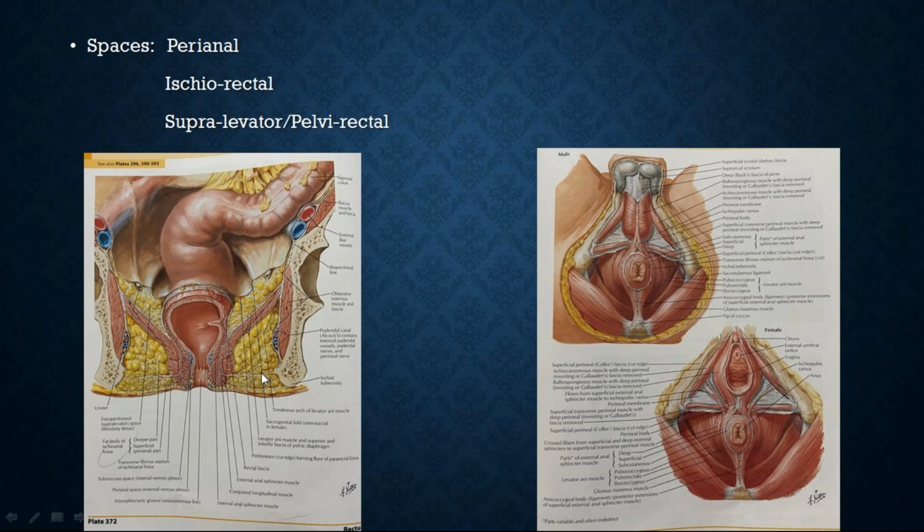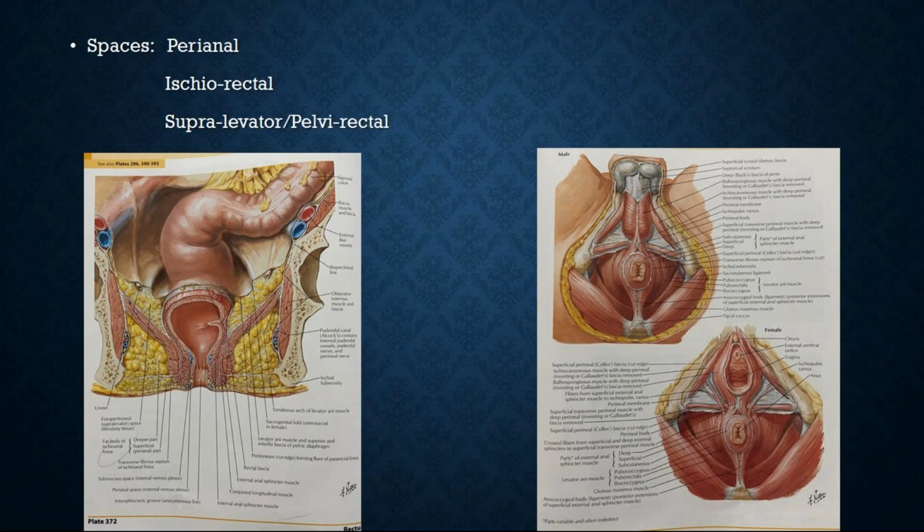Below this septa, everything is the perianal space. It is the most common site of abscess formation. Next is the ischiorectal space. Here you can see the ischiorectal abscess. This may be given as a question. This is also very important.